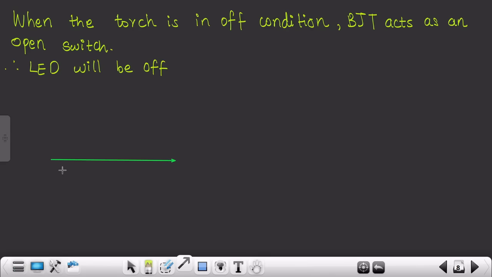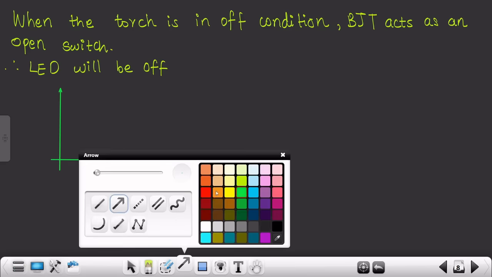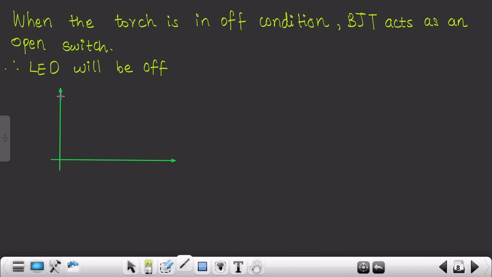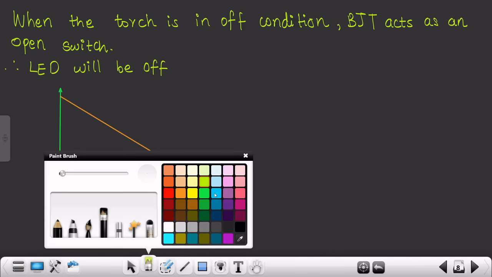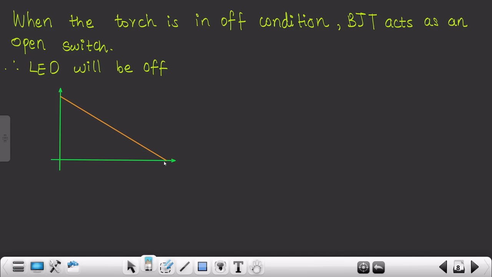Let me just draw the output characteristic. This is your VCE, this is your IC. Let's suppose this is the load line, something like this. I'm drawing it roughly. Since your IC is 0, the Q point would be somewhere over here. If your IC is 0 and your IB is almost equivalent to 0, but it is not 0, as I told you in the previous case as well.